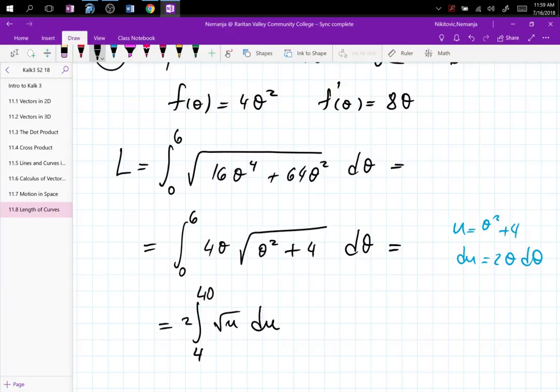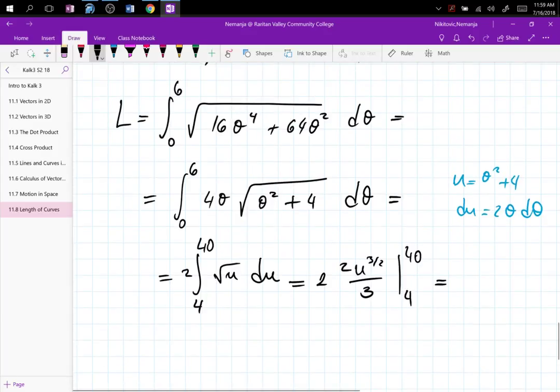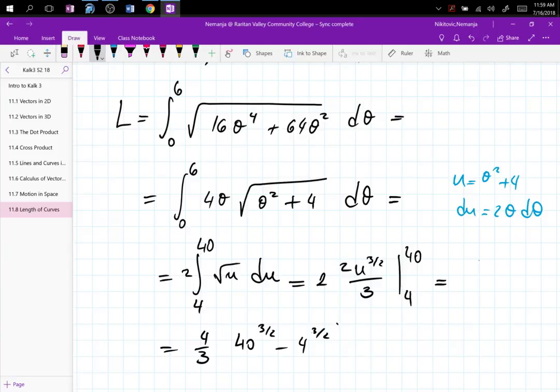When I plug in, I don't want to go back to thetas, it's a definite integral, so we're done right away. 2 square root of u, that will be u to the 3 halves divided by the 3 halves from 4 to 40. That's 4/3 of 40 to the 3 halves minus 4 to the 3 halves.